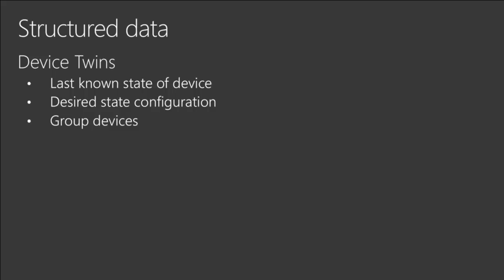And then when there are changes on one side or the other, both the SDK and the IoT Hub will take care of the synchronization if there is connectivity. If there's no connectivity, you work on one side, it keeps the last known state. You work on the other side, it works on the last known desired state, I would say. When the device comes online, we synchronize that JSON file. As you'll see, there cannot be any conflict because they don't touch the same parts of the JSON file.